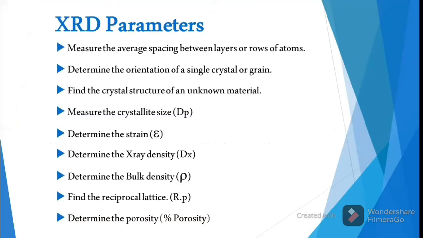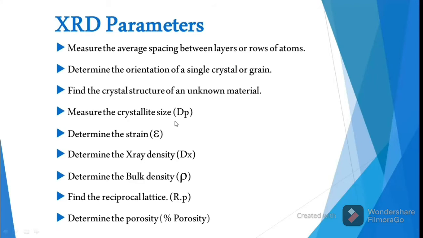So after getting the XRD micrographs, we can calculate many parameters. We can measure the average spacing between the layers or the rows of the atoms, and we can determine the orientation of the single crystal or the grains. We can find the crystal structure of an unknown material. And we can also measure the crystallite size, which is very important.